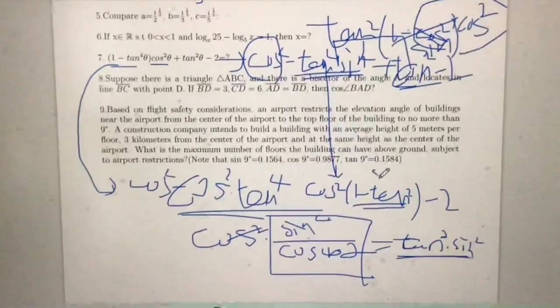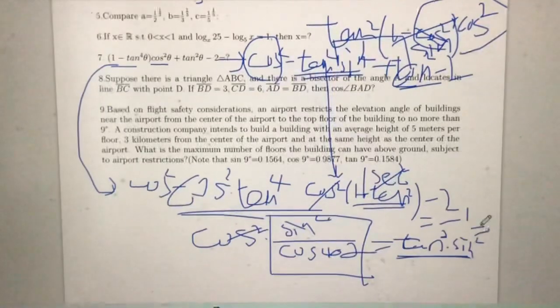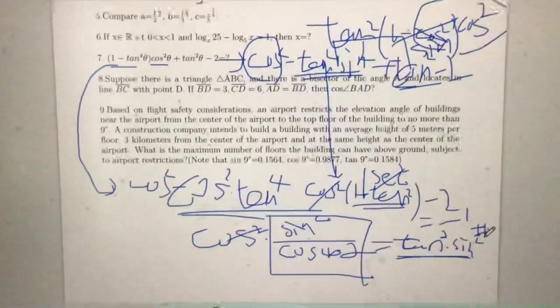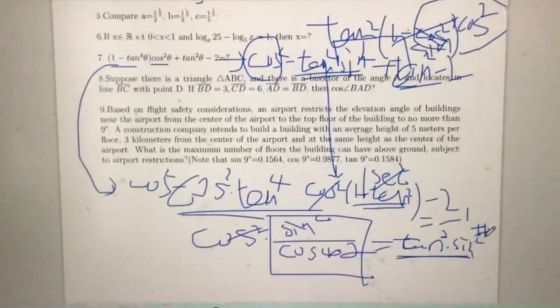This guy will be secant squared. Right. What is secant squared? Secant squared is equal to 1 divided by the cosine squared. So this one times this one will be 1. And 1 minus 2 will be minus 1. So this is the answer, minus 1. Okay.